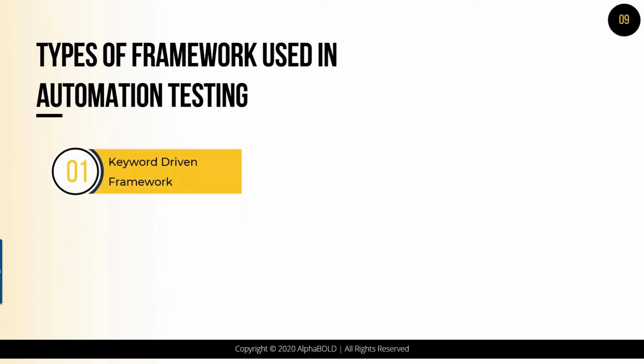The first framework is the keyword-driven framework. It is a scripting technique that uses data files to contain the keywords related to the application being tested. These keywords describe the set of actions required to perform a specific step. For example, for logging in to the application, you can use the keyword login. Wherever your framework encounters that keyword, it will log in to the application.